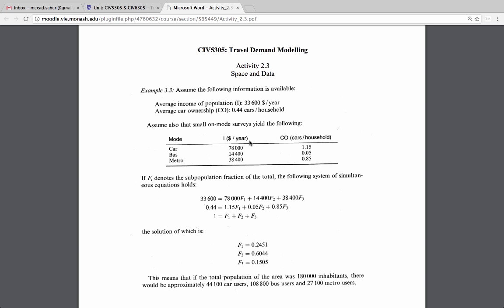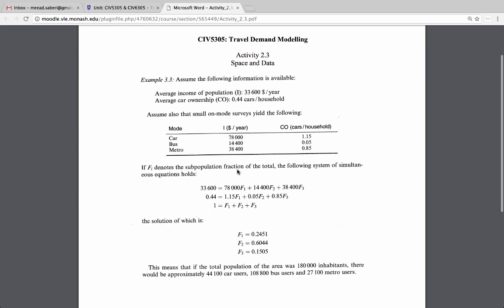Now we conduct a small survey, a small mode survey, to get the following information. From the survey data, we know that car users have an average income of $78,000 a year and a car ownership rate of 1.15. Similarly, from the survey, bus users have an average income of $14,000 and a car ownership of 0.05.